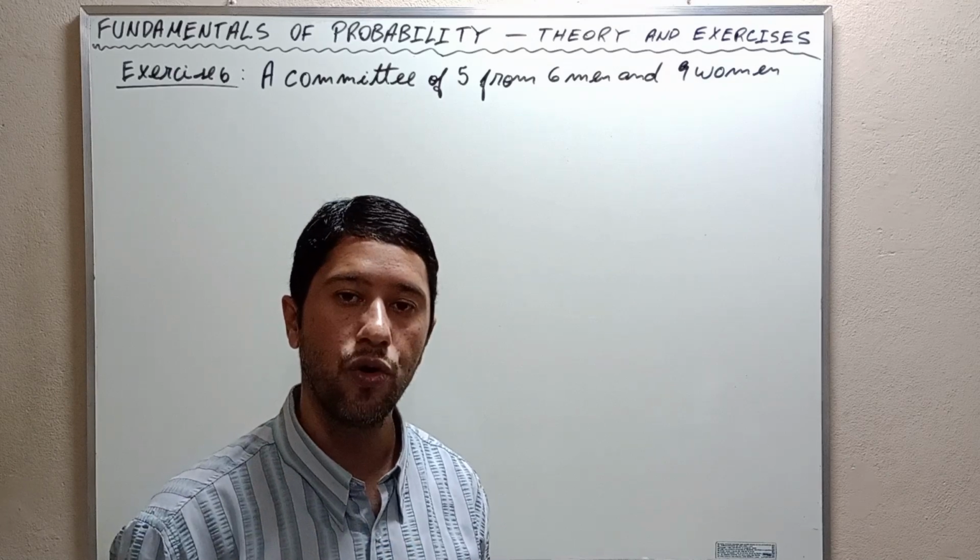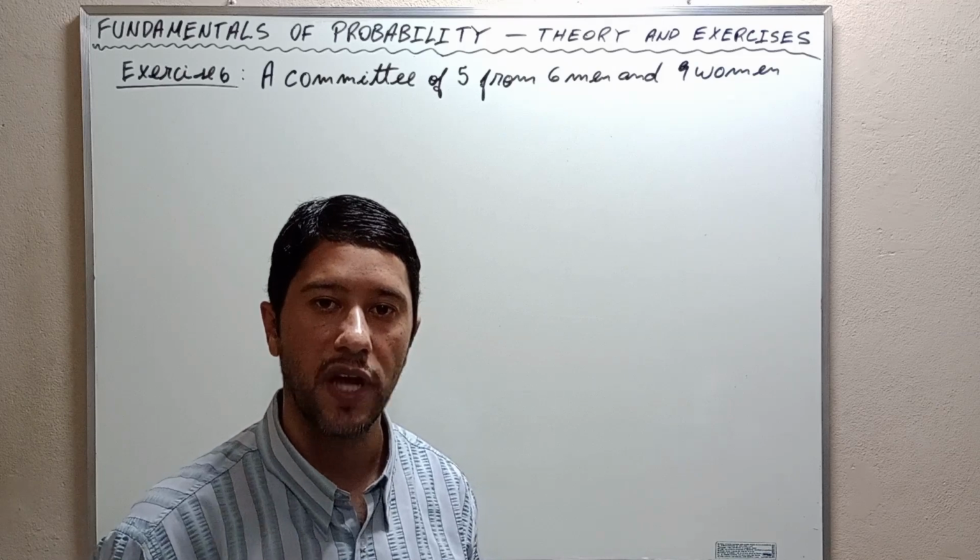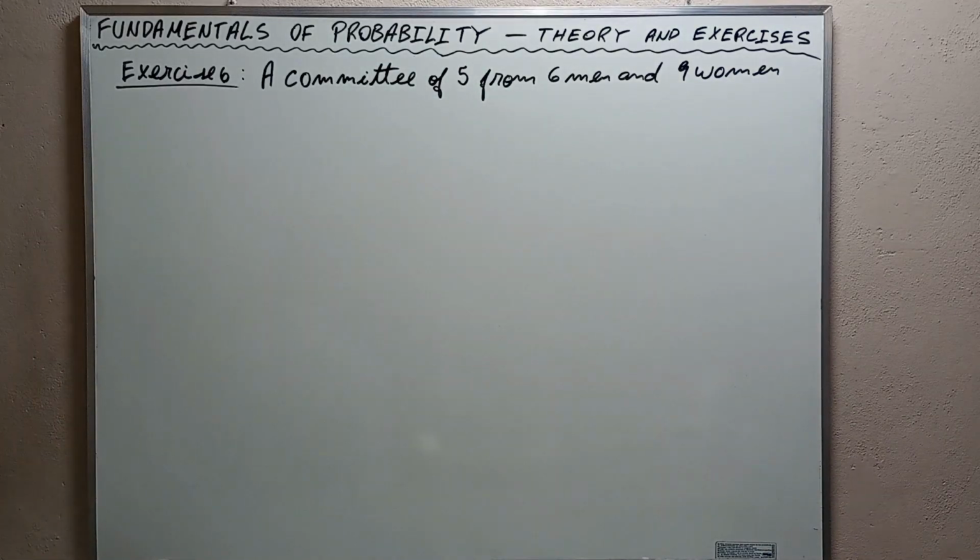But before calculating, let's observe a detail of this exercise. The committee has to have 5 people selected from 6 men and 9 women. And we are not imposing that the committee will consist of 3 men and 2 women.